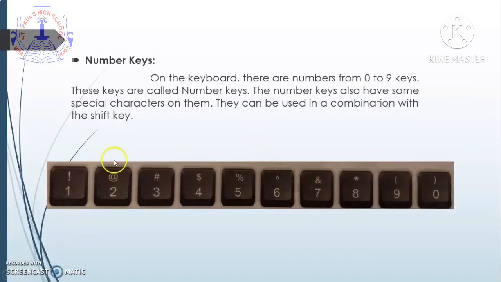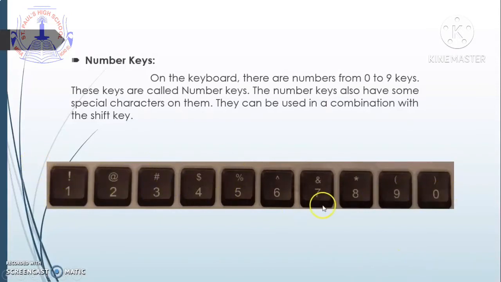Now you can see here the numbers 1, 2, 3, 4, 5, 6, 7, 8, 9 and 0. If you want to type 10, you can type 1 and 0 at a time.